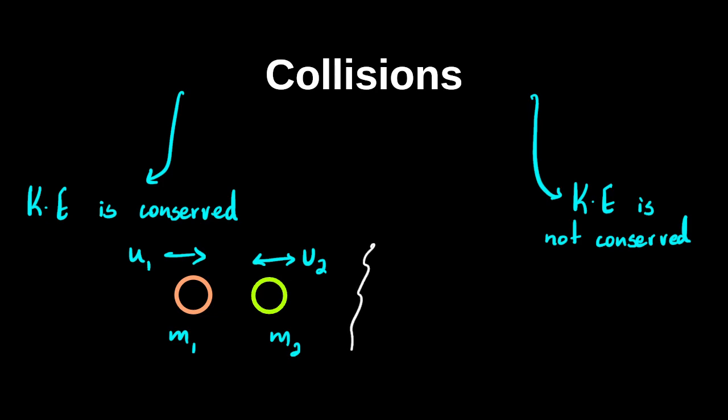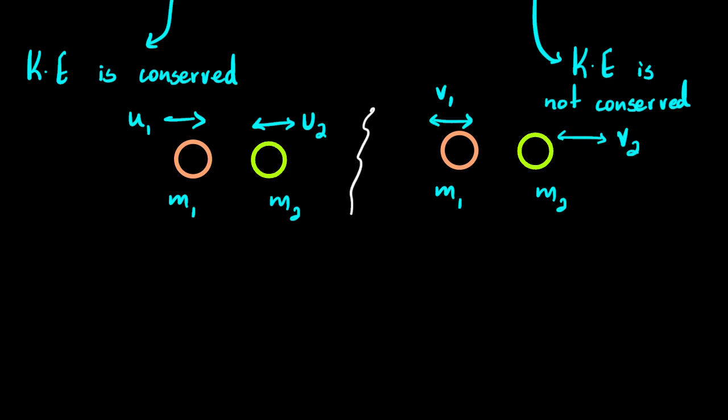And after the collision, if these are moving with some velocities v1, again it could be in either direction, and m2 is moving in either of those, could be in either direction. The idea is that the kinetic energy before must equal the kinetic energy after the collision, right?